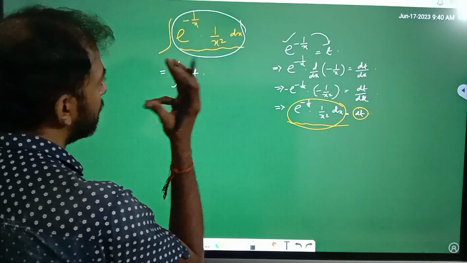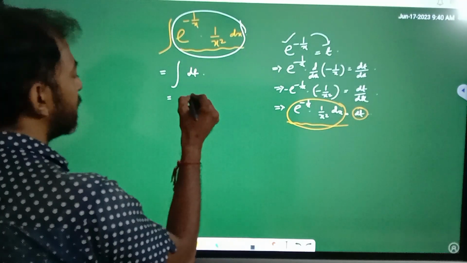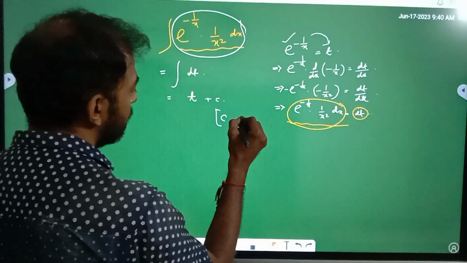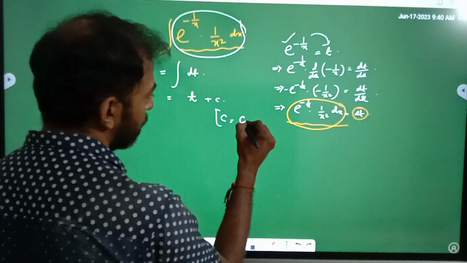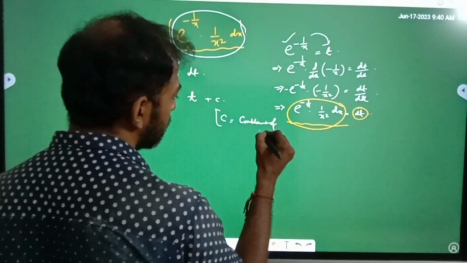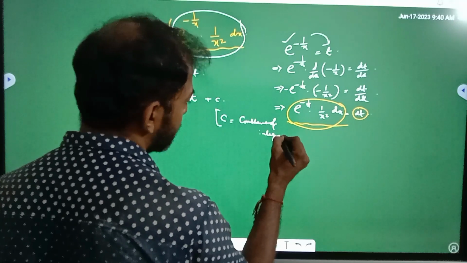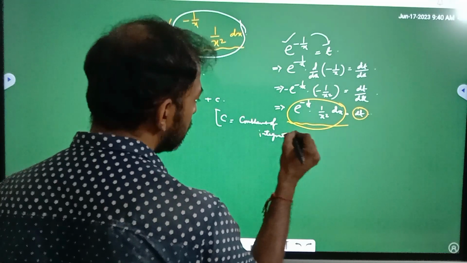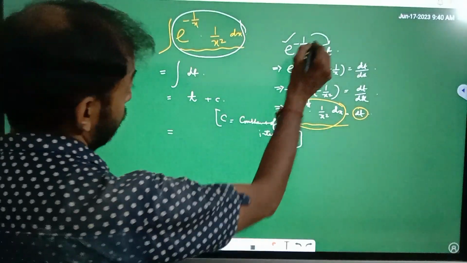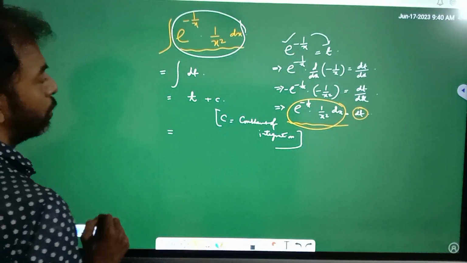Very simple theory. And the total integration value will be t plus c, where c is the constant of integration. And the value of t, we need to put that value.